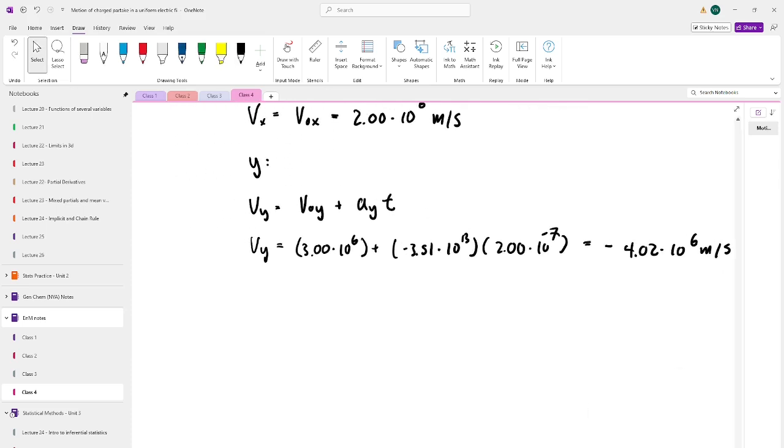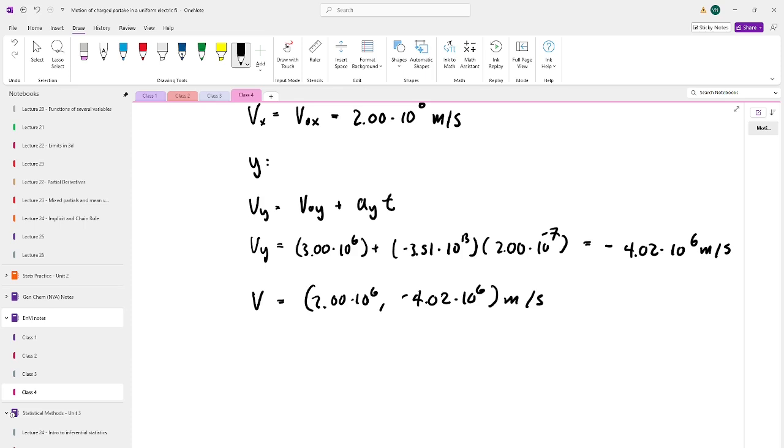So our velocity, maybe I should write v is equal to 2.00 times 10 to the 6 minus 4.02 times 10 to the 6, and this is in meters per second. So we have the x-coordinate and the y-coordinate of our velocity.